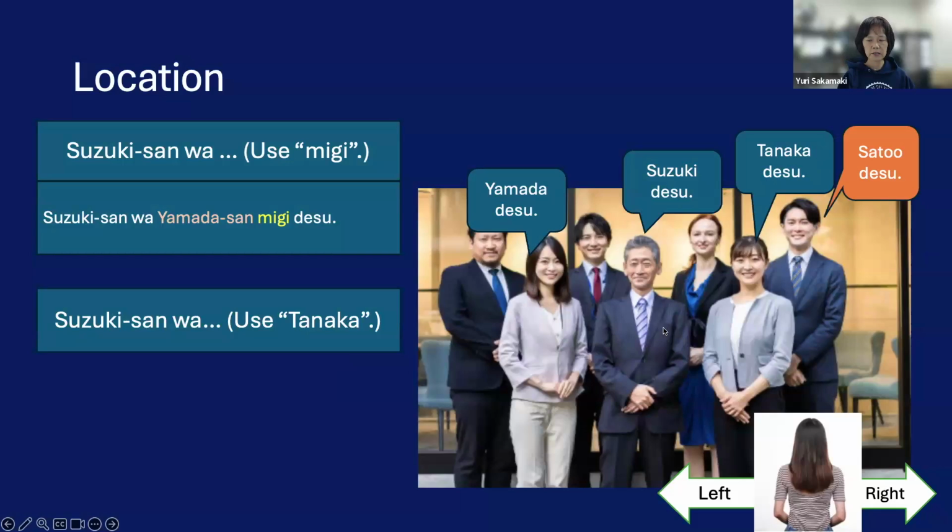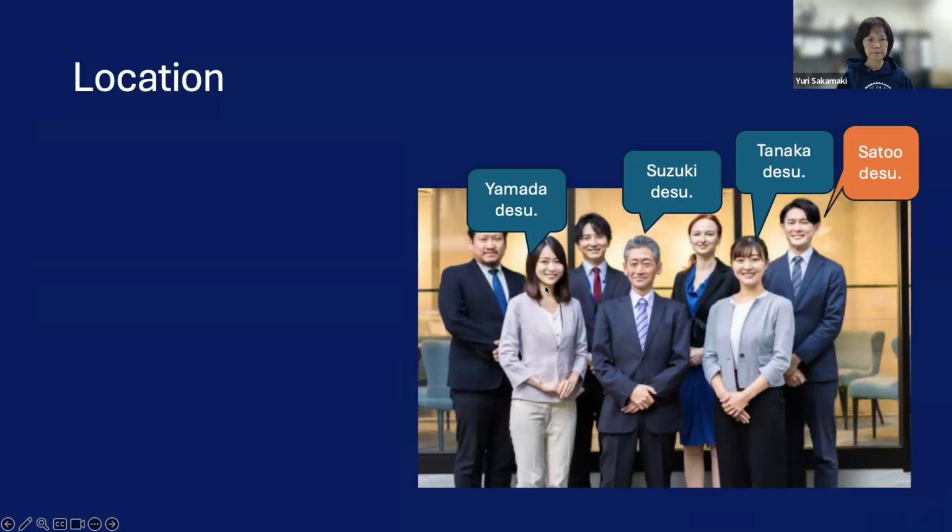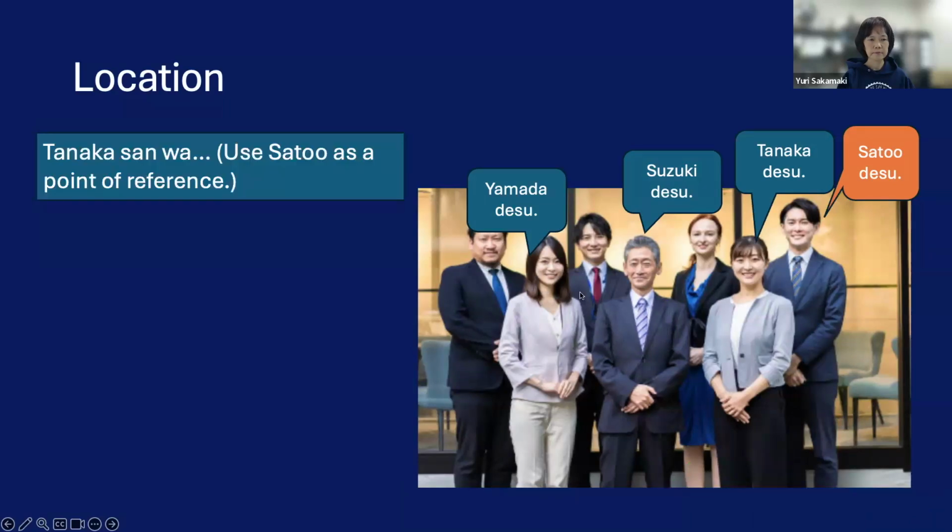Okay. Once again, let's talk about Suzuki-san, but let's use Tanaka-san as a reference. Then that will be Suzuki-san wa Tanaka-san no hidari desu. It's Tanaka's left. Okay, let's explain Tanaka-san using Sato-san as a reference.